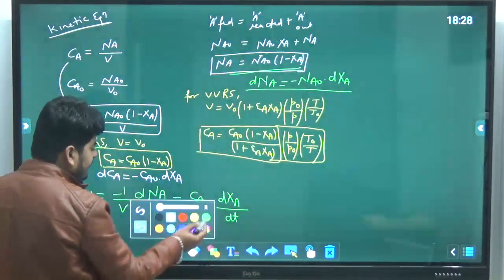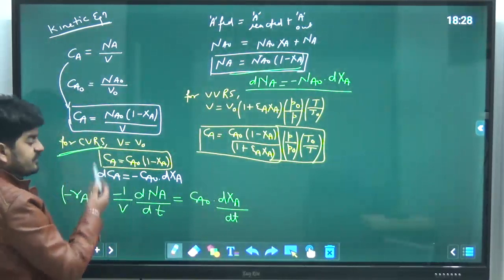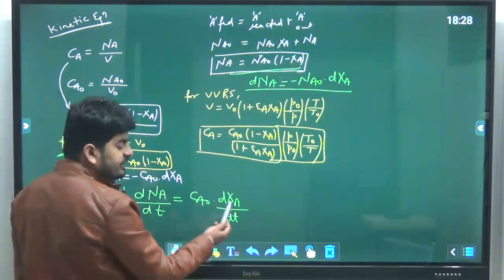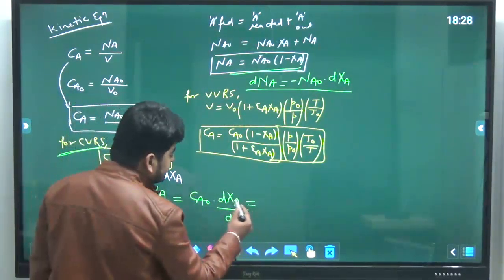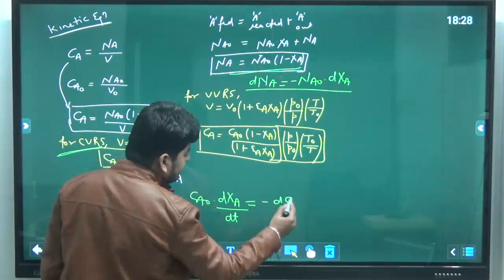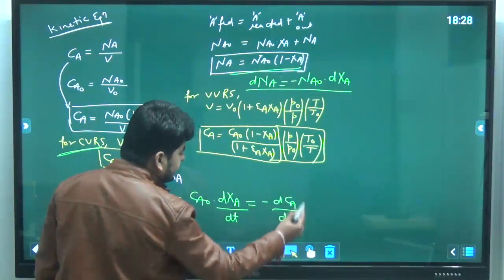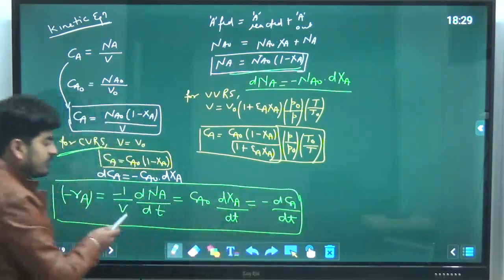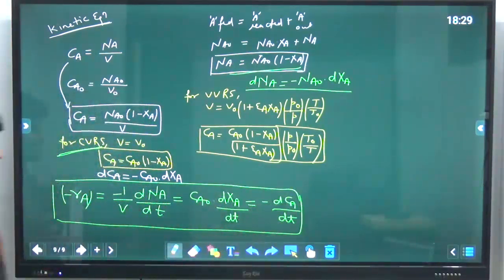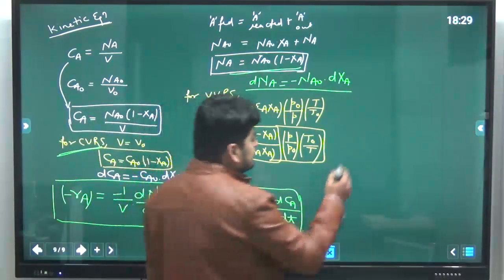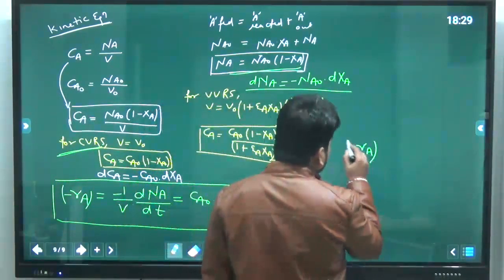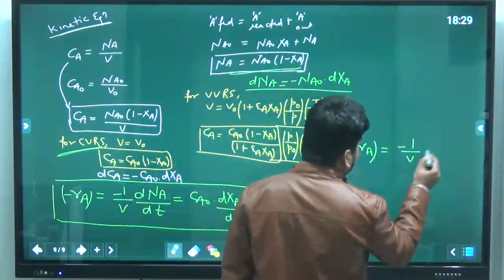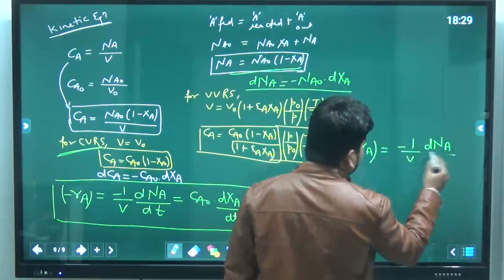Okay, so for CVRS, for constant volume reaction system, Ca naught into dXa over dt can also be written as minus of dCa over dt. So these are the different forms of rate of reaction for constant volume reaction system. For variable volume reaction system, minus Ra is minus 1 upon V dNa over dt.